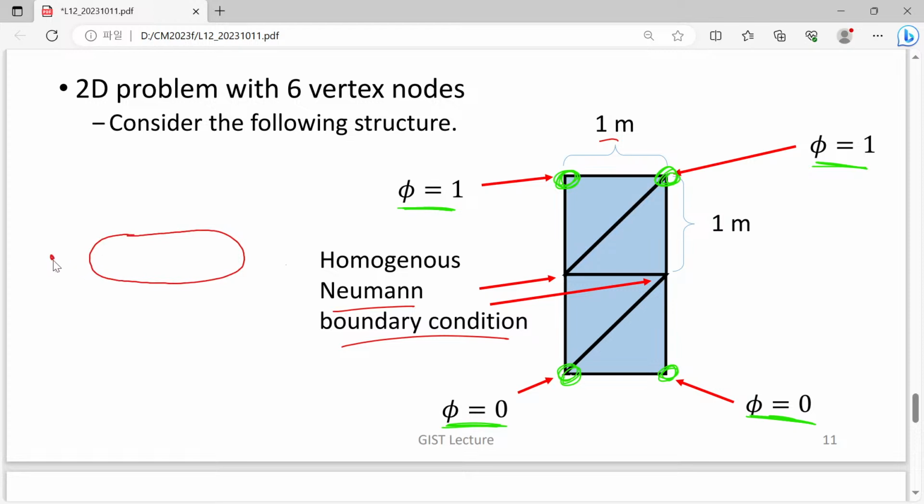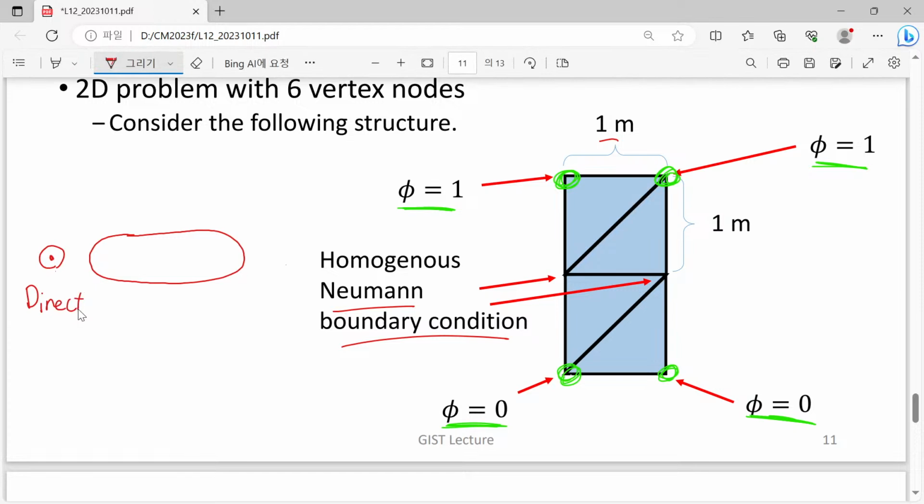Of course, this direction is the direction of carrier transport. So your source and drain are located somewhere there and somewhere there. This is the direction of carrier transport.